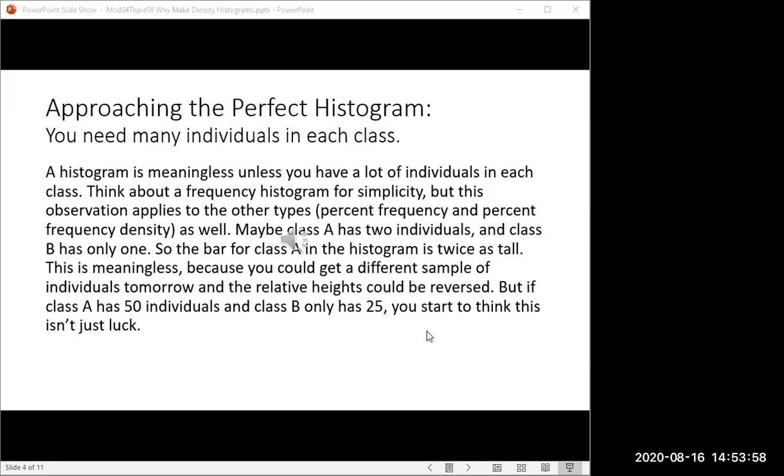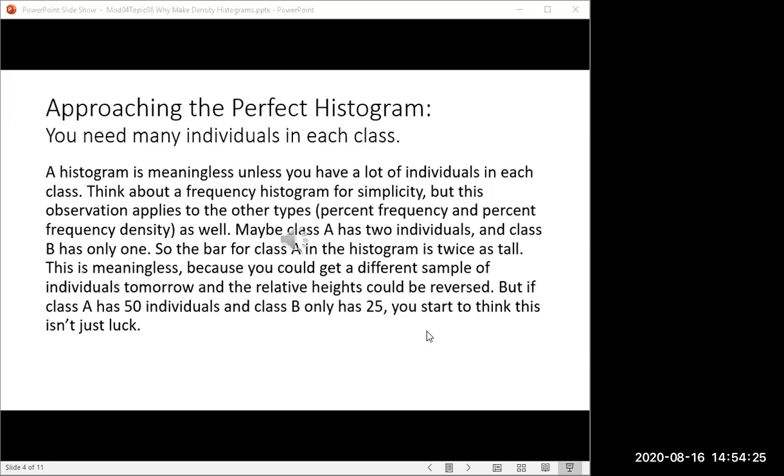And so you might end up with one bar twice as tall as the other bar, just because one individual happened to be in bar A and two individuals happened to be in bar B. You see the issue. With that few individuals, maybe you just got lucky some way. Maybe next time you get a different sample and the result looks completely different.